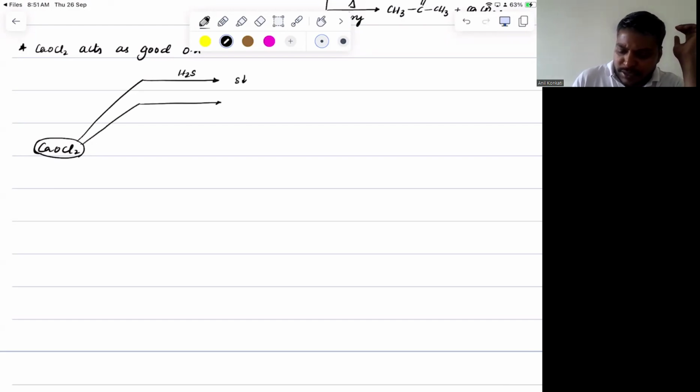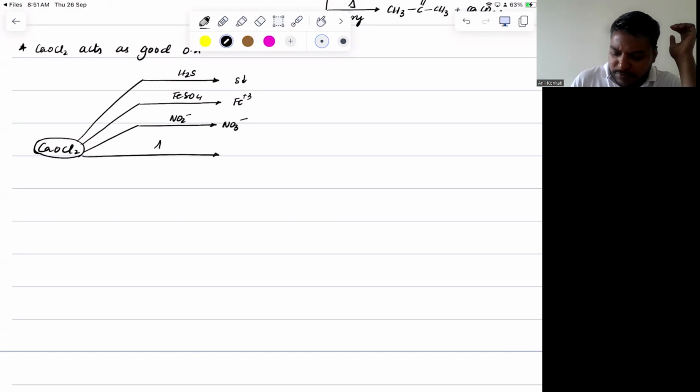Next, FeSO4, it will become Fe3+. If we treat with NO2 minus, it will become NO3 minus. If you have AsO3 3 minus, then you will have AsO4 3 minus.